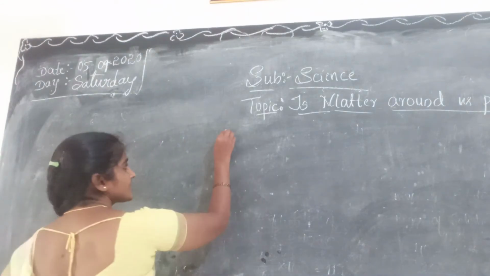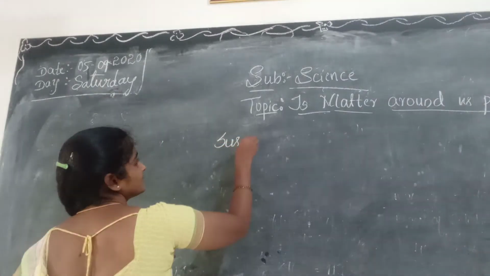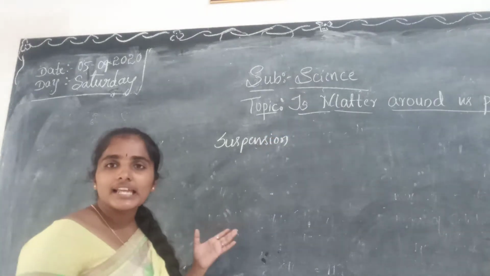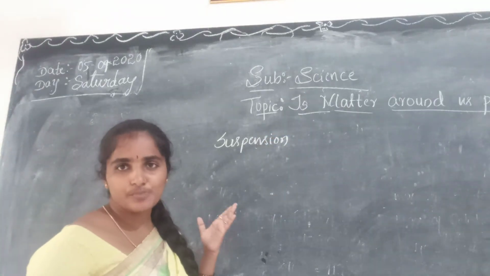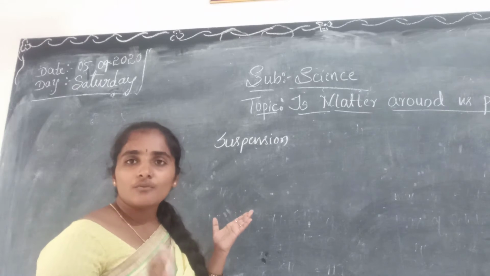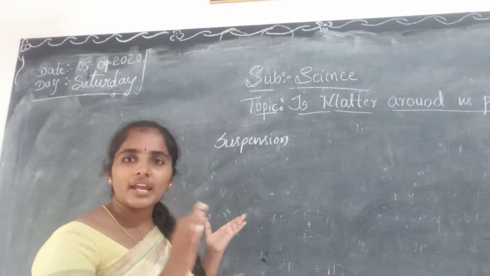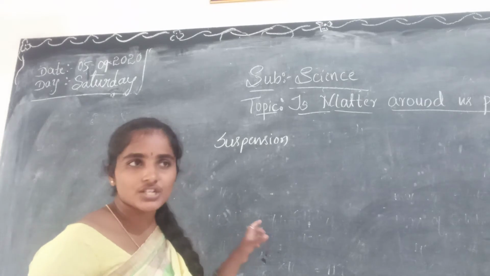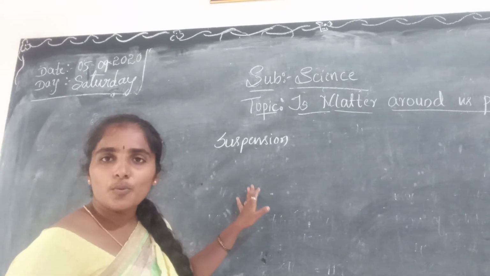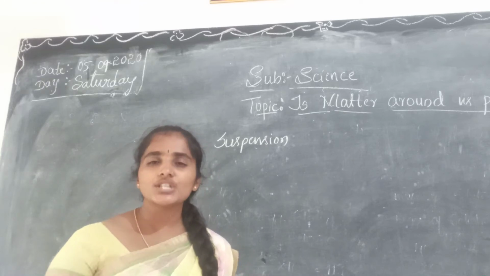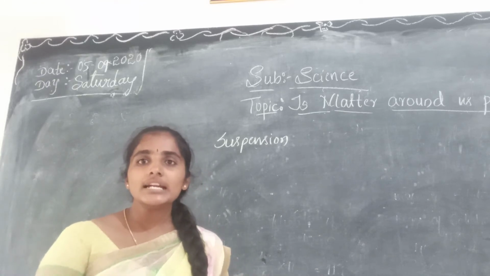That is suspension. It is a non-homogeneous mixture. What did group C obtain? Group C obtained a non-homogeneous mixture in which the solids are dispersed in a liquid.